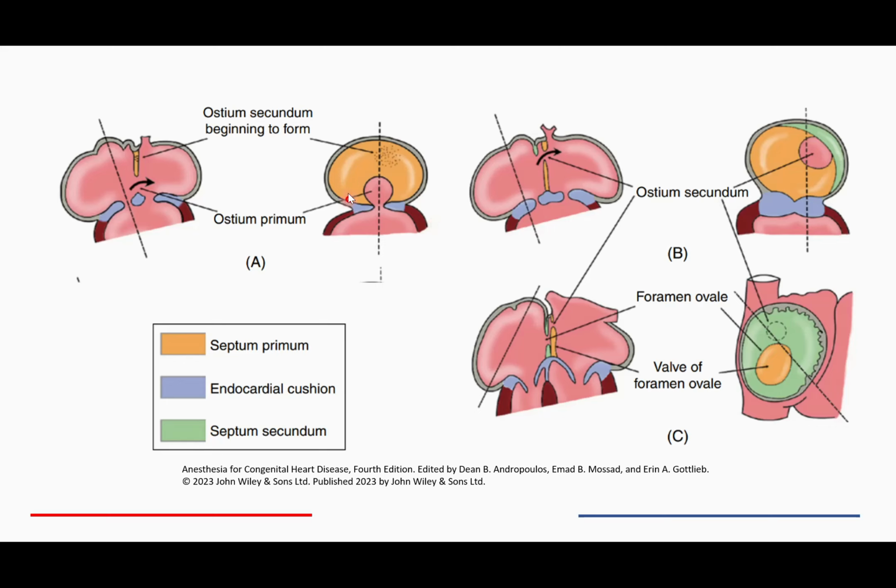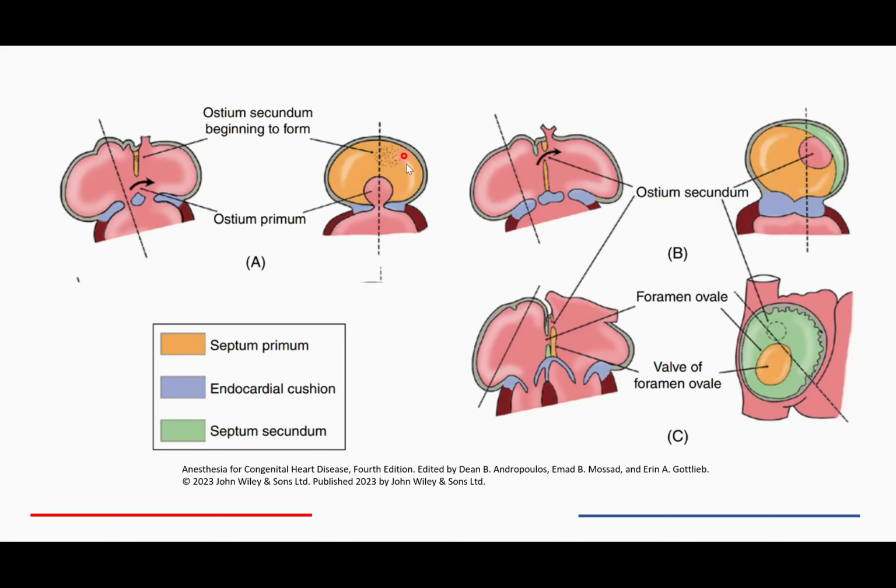Then the septum secundum develops also from the roof. This septum secundum comes down and closes the septum, and it fuses with the septum primum. At the same time, in the middle of the septum primum, holes are formed.